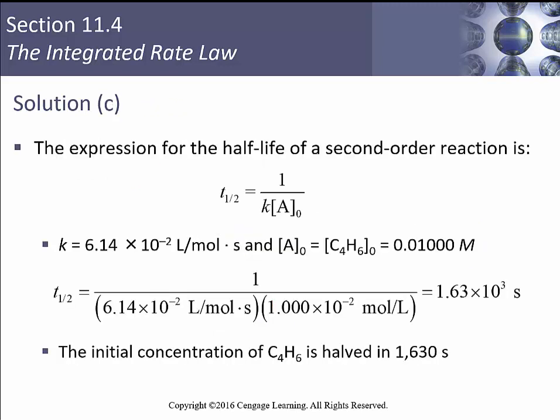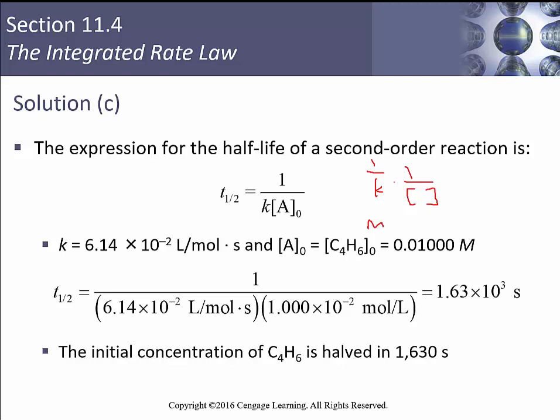The expression for the half-life, if we're going to do this, same sort of math again. So our T1/2 is going to be 1 over k times A naught. So you might want to rewrite all of those equations, and I think I got another slide where it shows them all separate. So you could think of this as k times 1 over A, right? Where you're separating out your m and your x again, right?